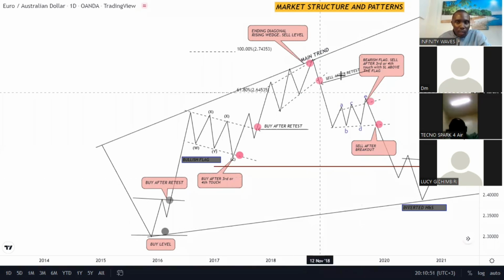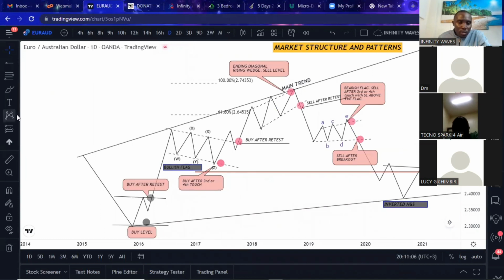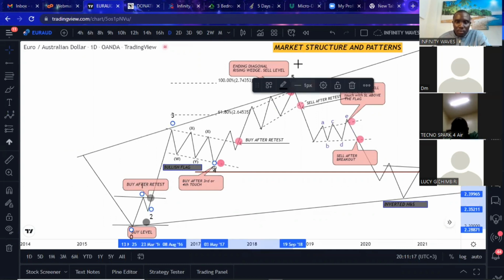So for us, when it comes to wave analysis, we normally just do two things. We normally label our charts in waveform. Since you cannot see the waveforms here, we'll just know from this lower line here will be wave 1, then 2, then 3, then 4, then 5 after that.